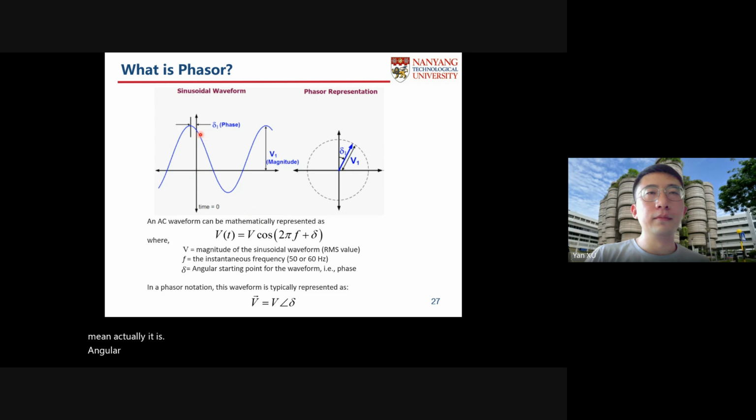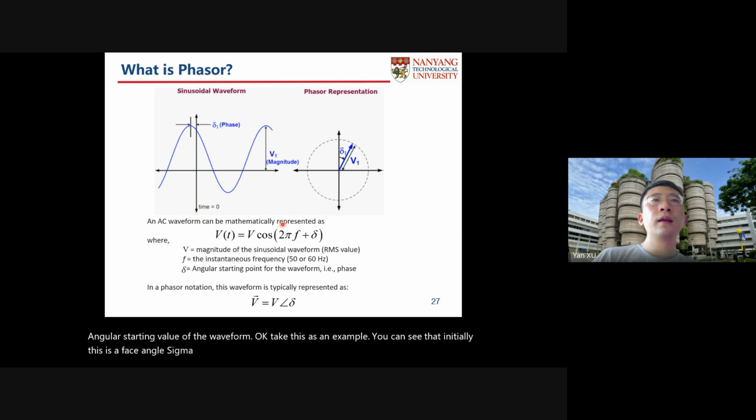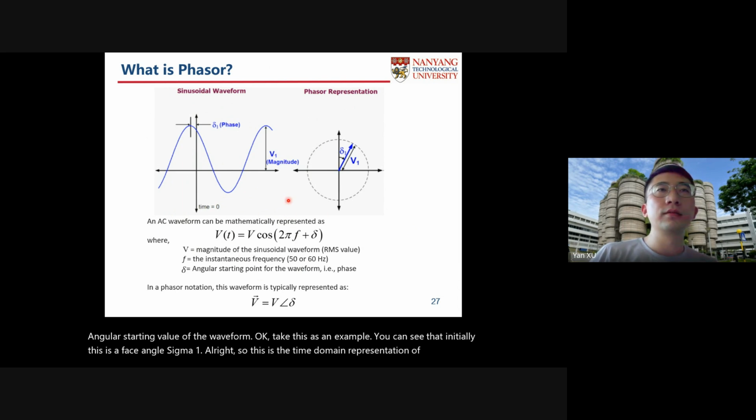Take this as an example: you can see that initially this is a phase angle, sigma 1. So this is the time domain representation of the sinusoid waveform.